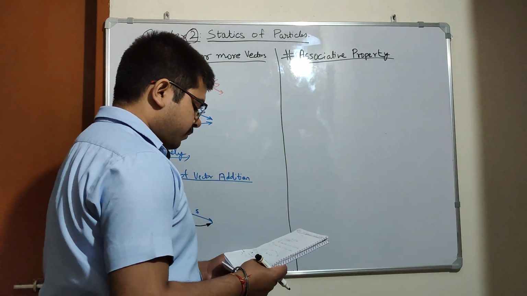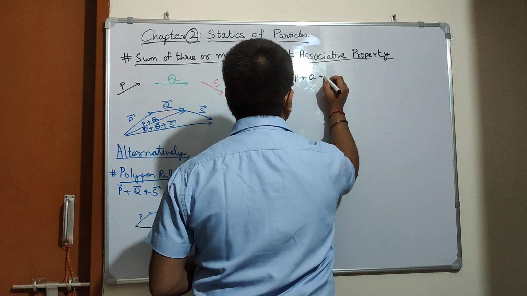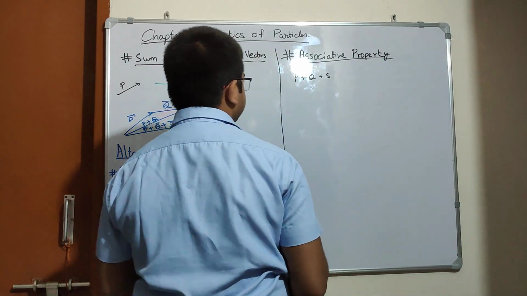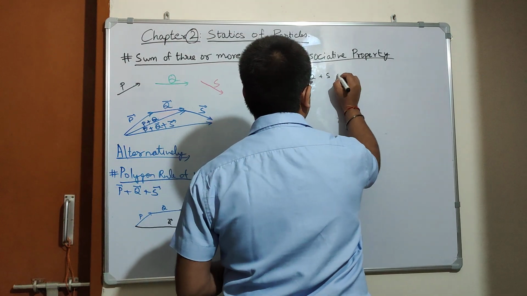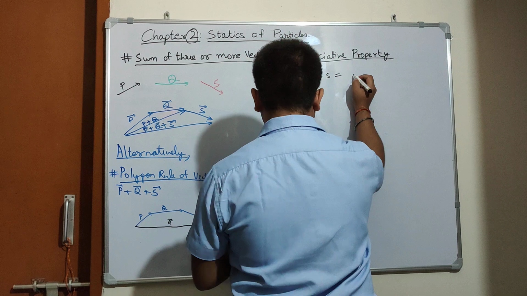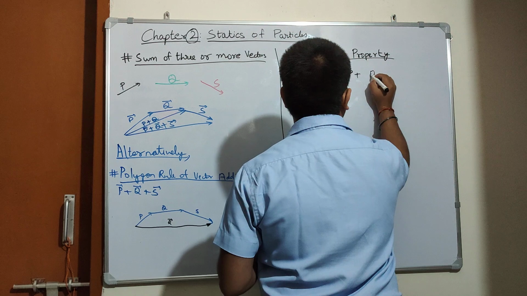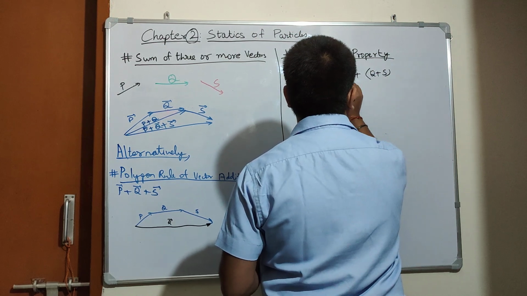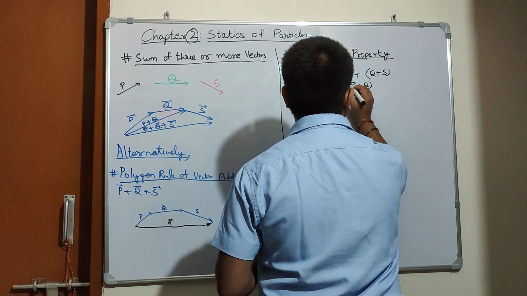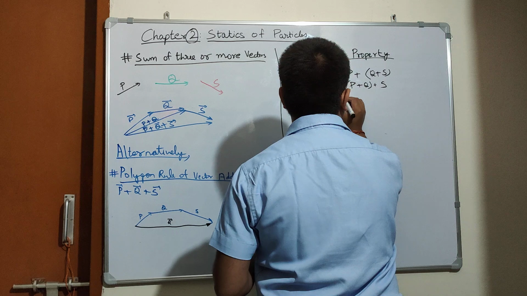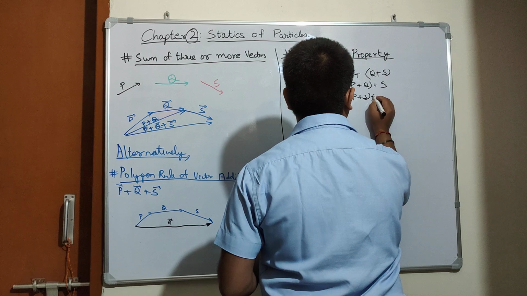So if we have to add three vectors p plus q plus s, this can be done in several ways, such as first we can add q and s, then add p, or we can add p and s, plus q.